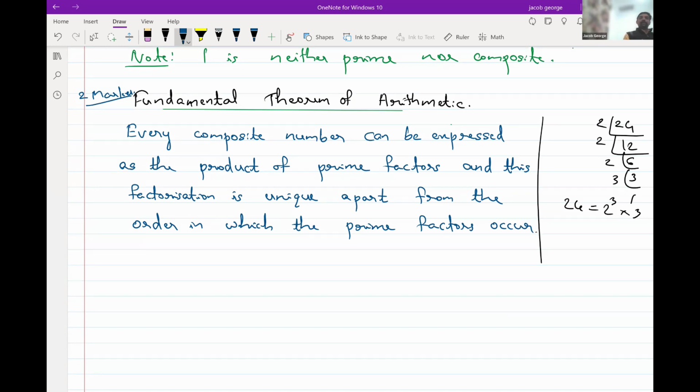So this is the fundamental theorem of arithmetic.